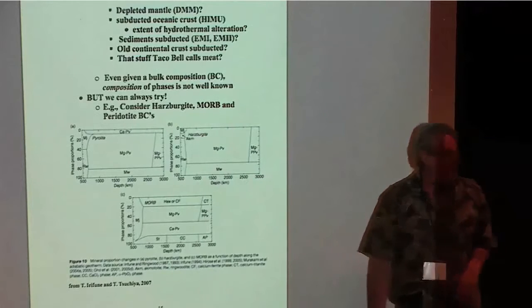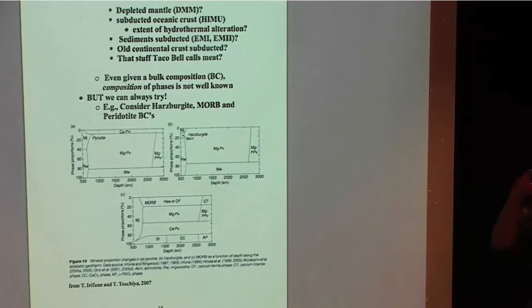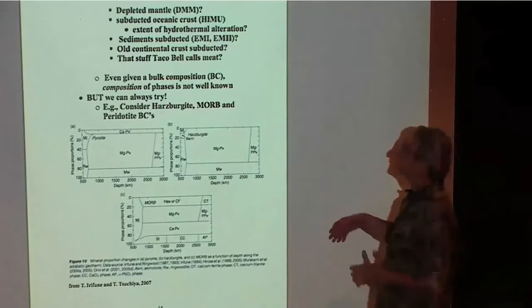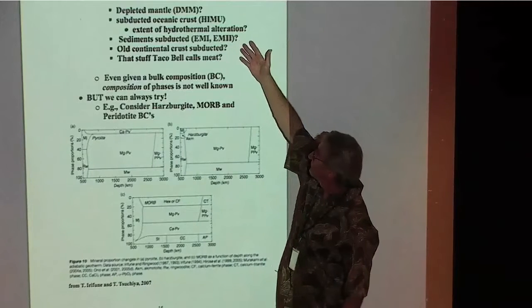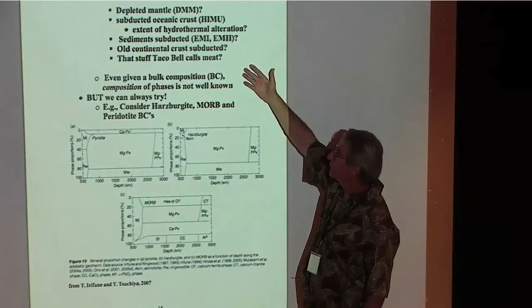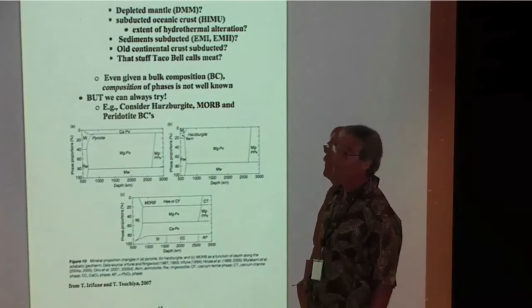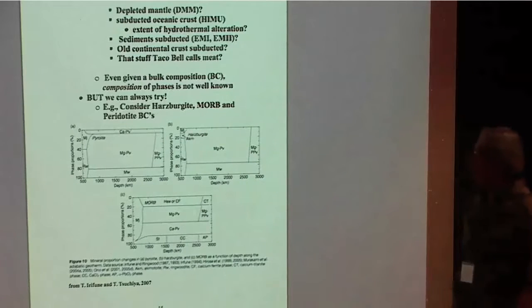Sediments are thought to be, going back to Bill White and Hofmann, pelagic sediments with some carbonates, the EM1 source maybe, or terrigenous sediments, the EM2 source, right? The bottom line is we've got some stuff going down. Old continental crust, is that subducted? Right? The stuff Taco Bell calls meat, is that down there? Right? What is down there?